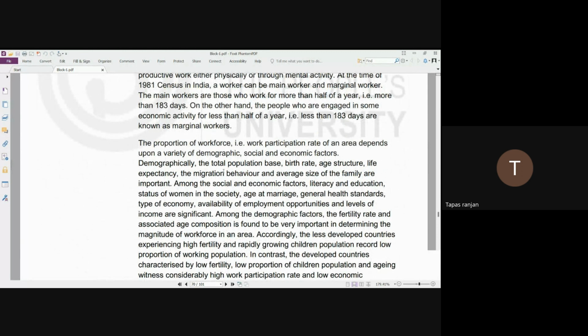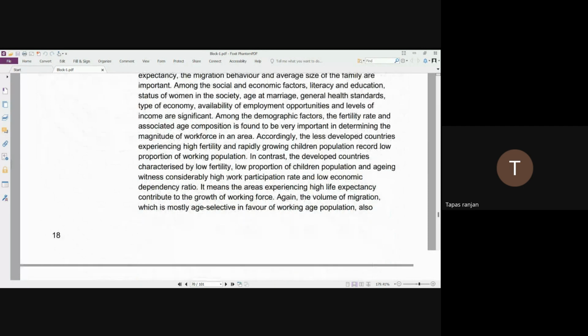So based on that also we can get an idea about the workforce. Now why is it important to understand the workforce? Because even though rural areas do have a large workforce, still they are unemployed.